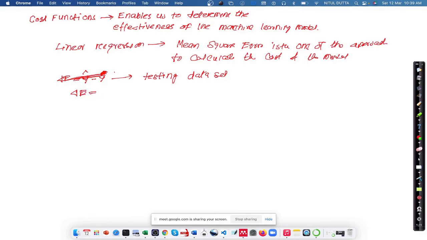Error is equal to y predicted minus y actual, and this is taken from the testing data set.